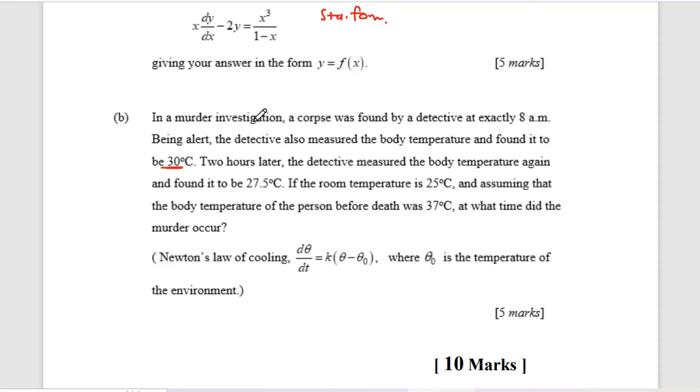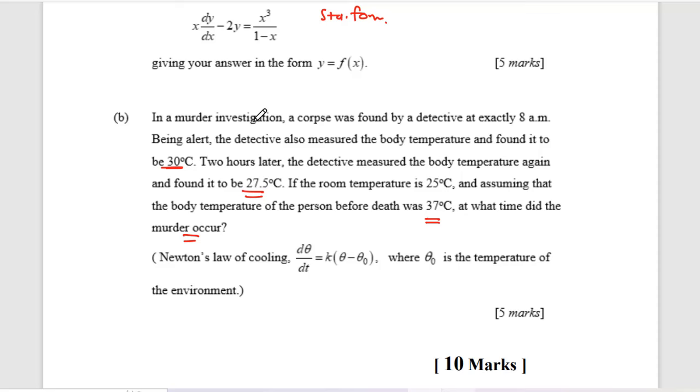So 2 hours later, the detective measure the body temperature again and found it to be 27.5 degrees Celsius. So 2 hours later, when t equals 2, dia punya temperature dah jadi 27.5. Okay, so if the room temperature is 25 degrees Celsius, assuming that the body temperature of person before death was 37 degrees Celsius, at what time did the murder occur?